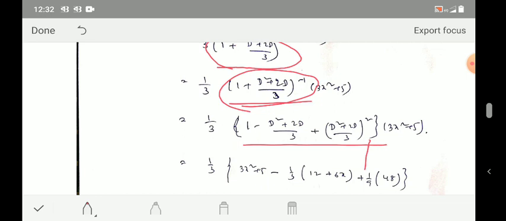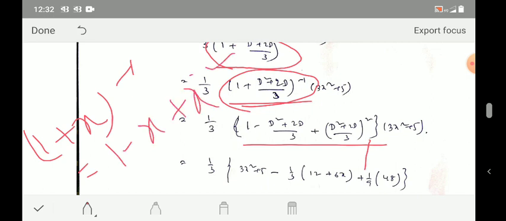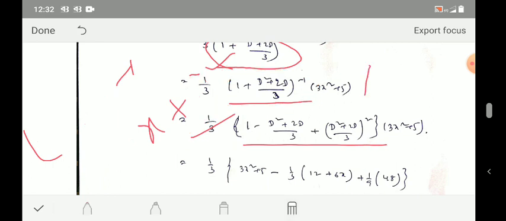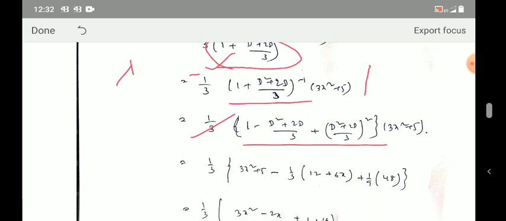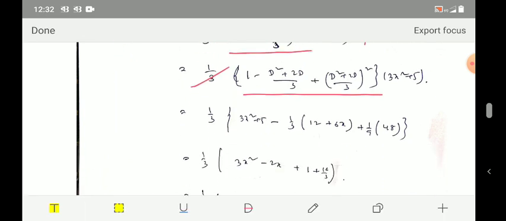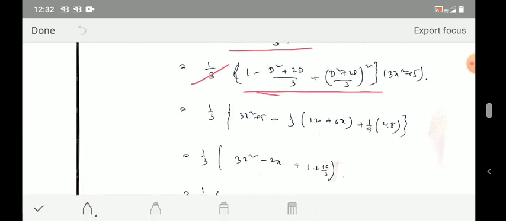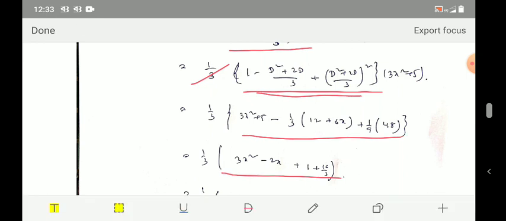We know that the expansion of 1 plus x whole to the power minus 1 is equal to 1 minus x plus x square minus x cube. Then if we expand this, we will get this term, and after differentiating, after considering all the non-zero terms, we get the particular integral as this.